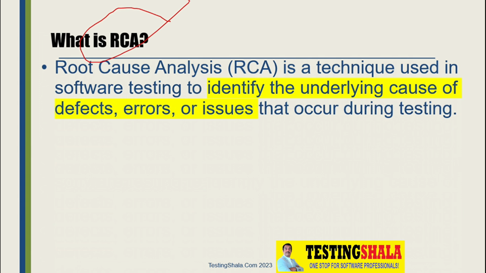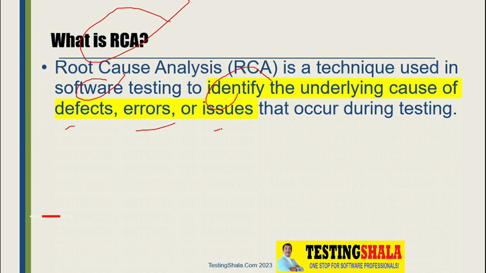RCA is one of the techniques normally we use in software testing to identify the underlying causes of defects or errors or issues. Let's say we may be getting a lot of defects in your application or your product during your testing.